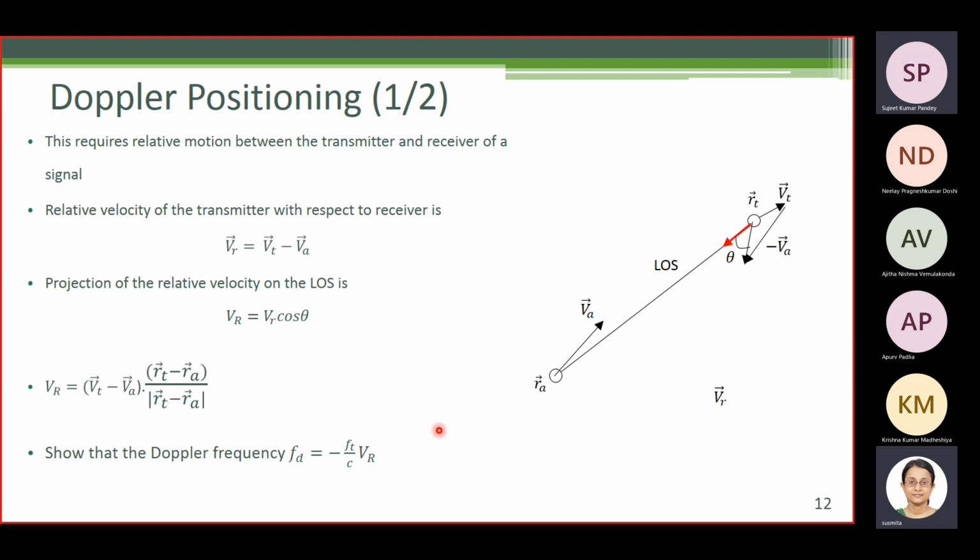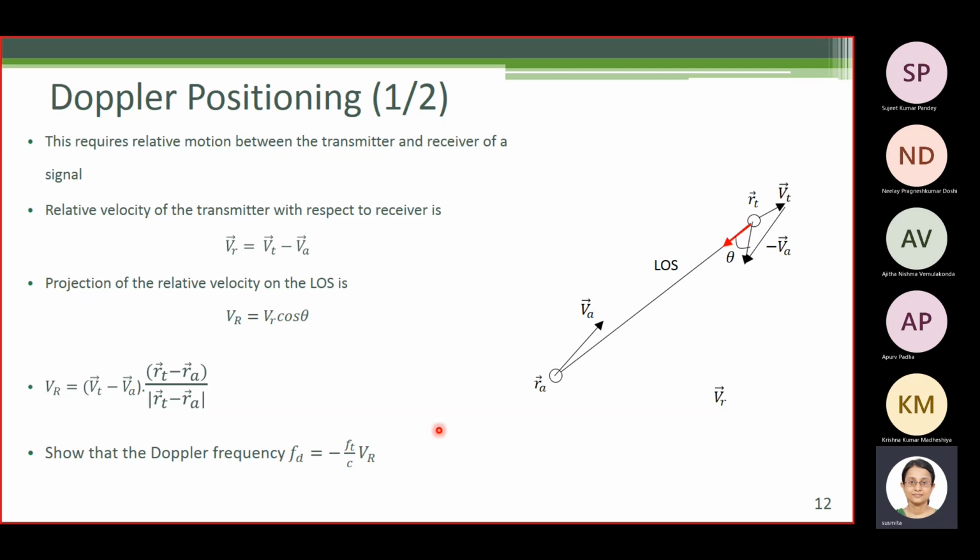You need to find the shape of the surface for which you will get the same VR. Assuming that RT is known, both VA and VT are known. Only unknown is RA. User position is not known. That's why you are looking for a surface of position. So this requires 3D visualization. You have to see how differently you can orient theta.